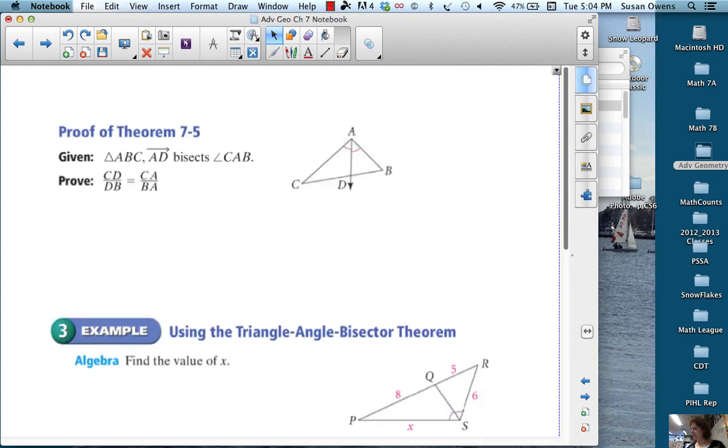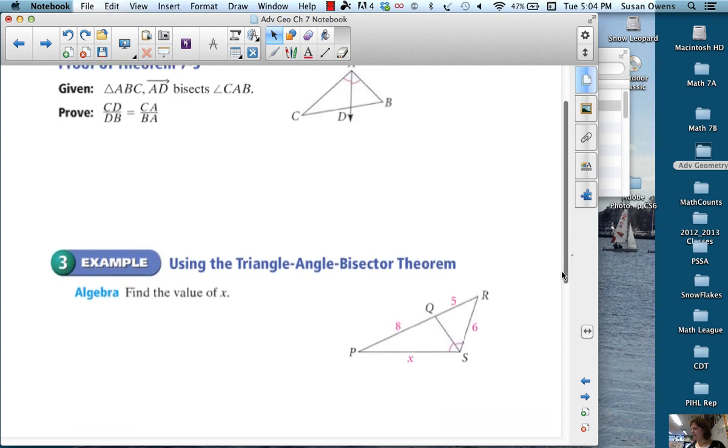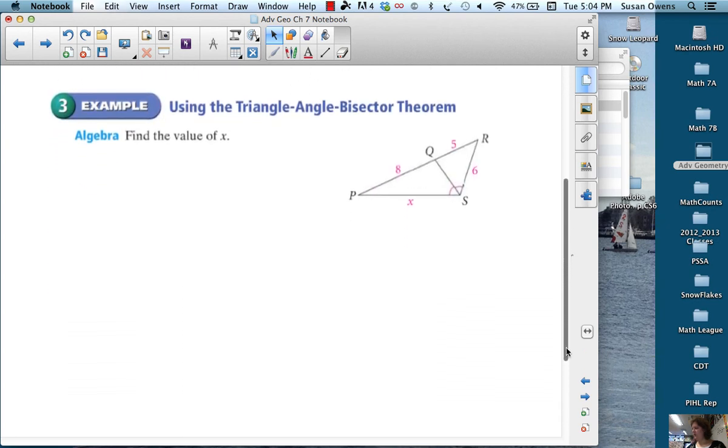Okay. And we can do a proof of that one. But right now I'll just show you how it works. So again, for this one, double check. A lot of students mix up the geometric mean and the angle bisector. Okay, kind of looks like this, it's close to a right triangle.